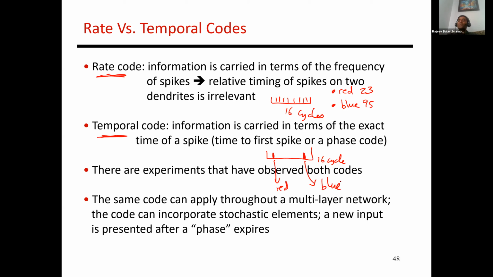Okay, so that's what a temporal code is. And you'll see that a temporal code seems like it would be more energy efficient, right? I'm using a single spike at a specific time to encode that information. So it may also give me a different neuron model than the artificial neuron model that I'm used to. Okay, and I'm going to talk a little bit more about that particular aspect.